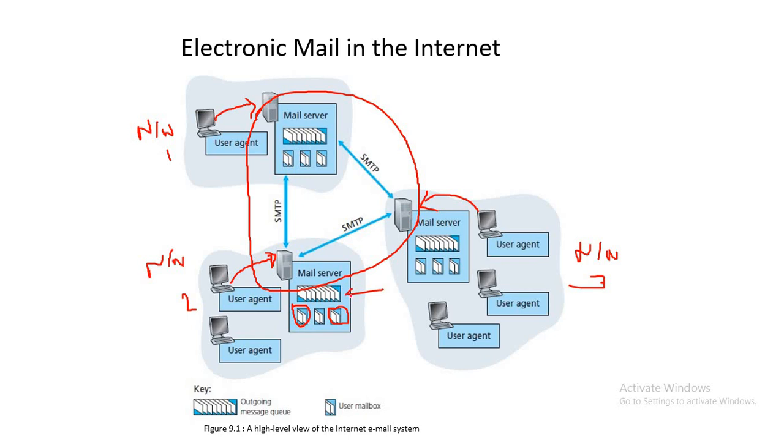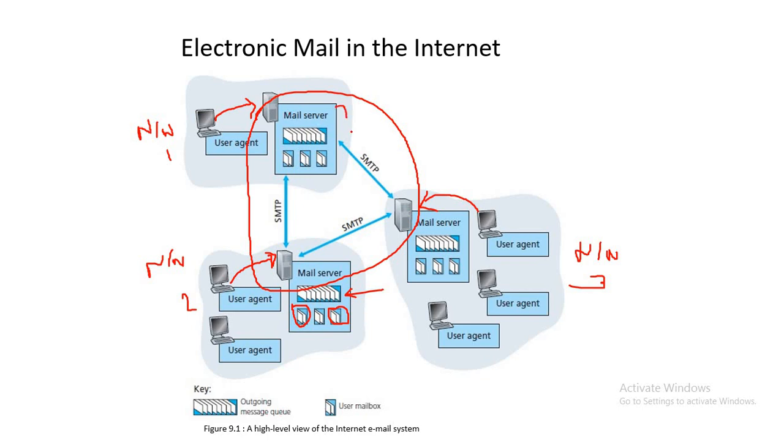A single mail server is connected with multiple user agents. Every user agent has a particular user mailbox, as well as there is a common outgoing message queue, because the mail server receives mail from all of the user agents connected with it. So the mail server maintains one outgoing message queue.